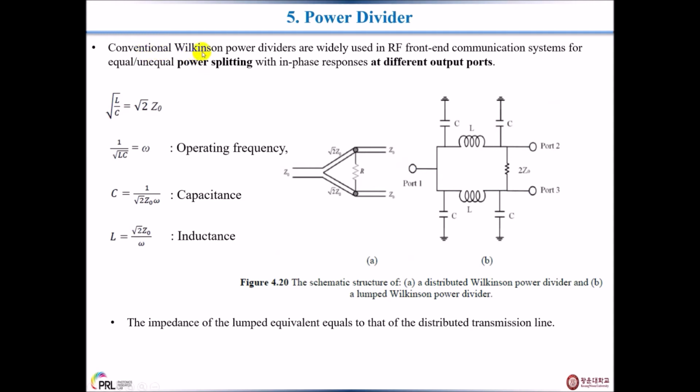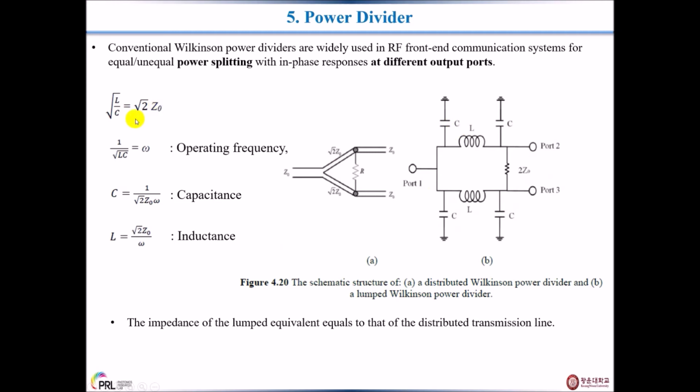Conventional Wilkinson power dividers are widely used in RF front-end communication systems for equal or unequal power split with phase response at different outputs. That means some power is given at port 1 and the output is emitted from port 2 and port 3, which might be equal or unequal, and we can find the capacitance and inductance using this formula.